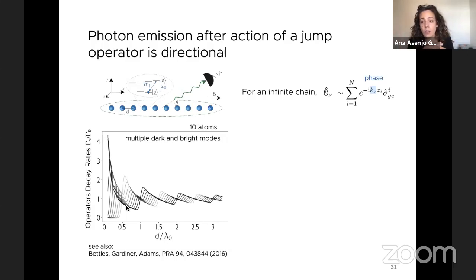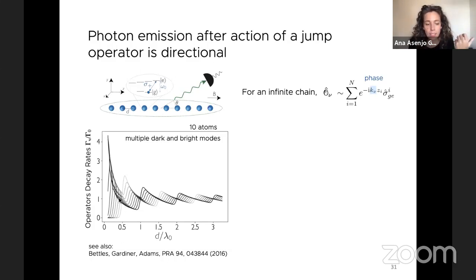As I mentioned before, for an infinite chain, one can diagonalize things in terms of Bloch waves. So for an infinite chain, these jump operators carry a phase, and this is what is depicted in the plot here on the left.